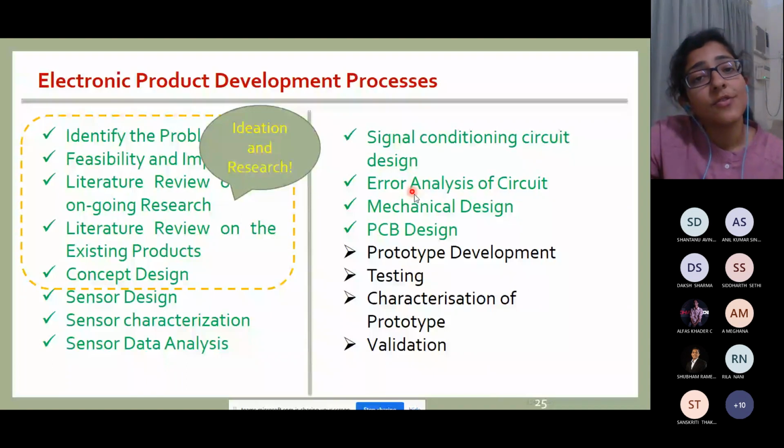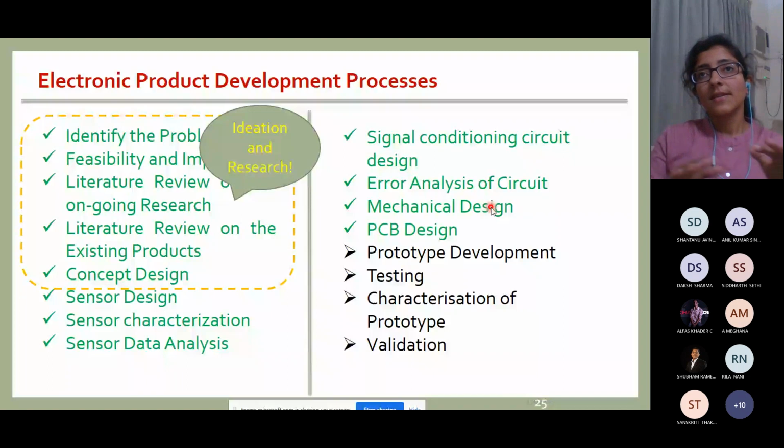Then you need to do the PCB design and of course the mechanical design, because you are visualizing the product. In my case, I didn't do the mechanical design in any software, but now there are different softwares for that. You can visualize it in 3D simulation, so your product should look like this.